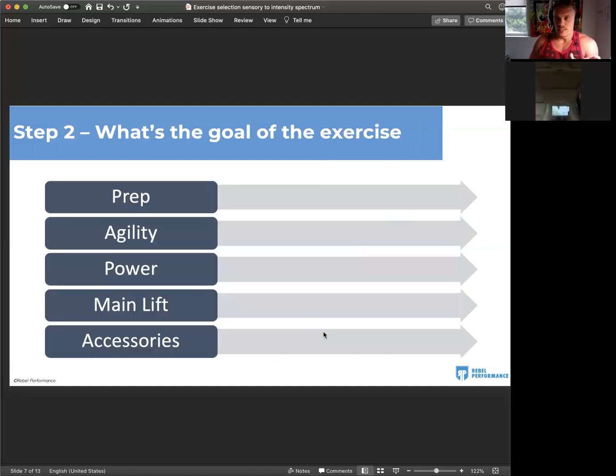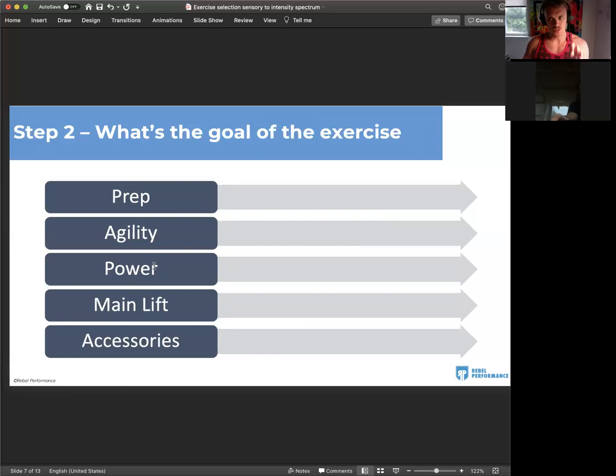So once we have our training day template, and this is what mine generally looks like for all-around athlete, you have a prep section, an agility, change of direction section, power, a main lift section, and then you have your accessories. And so all you have to do at this point is go chunk by chunk, section by section, and ask yourself, do I want this to be more intensity biased?